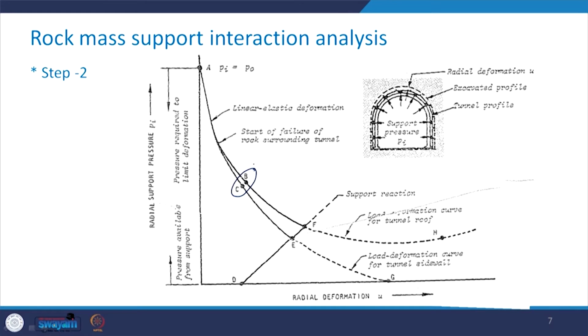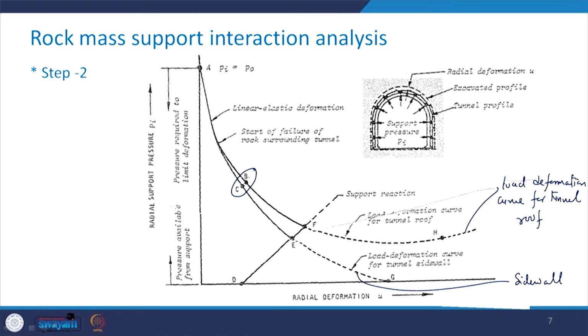Now, take a look here: the upper portion of the curve, that is this one, is the load deformation curve for the tunnel roof, and the lower one is for the side wall.